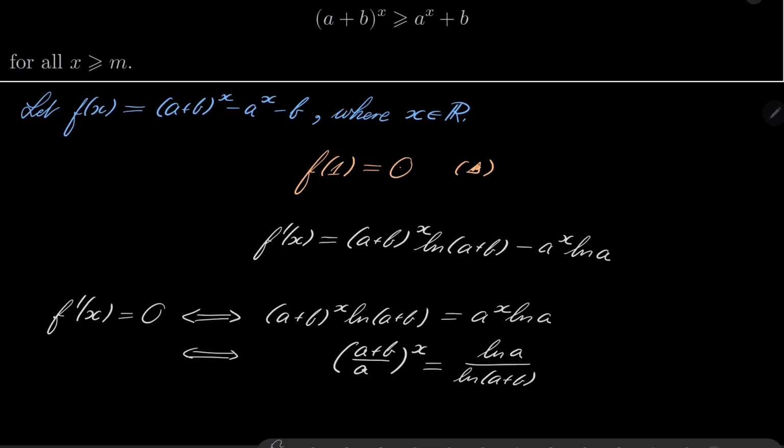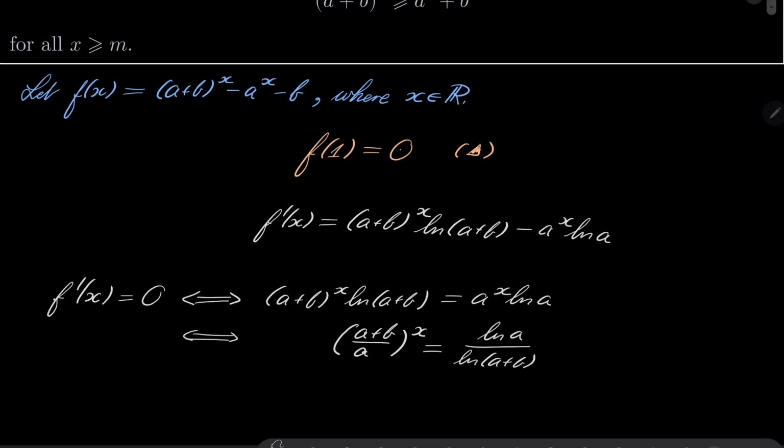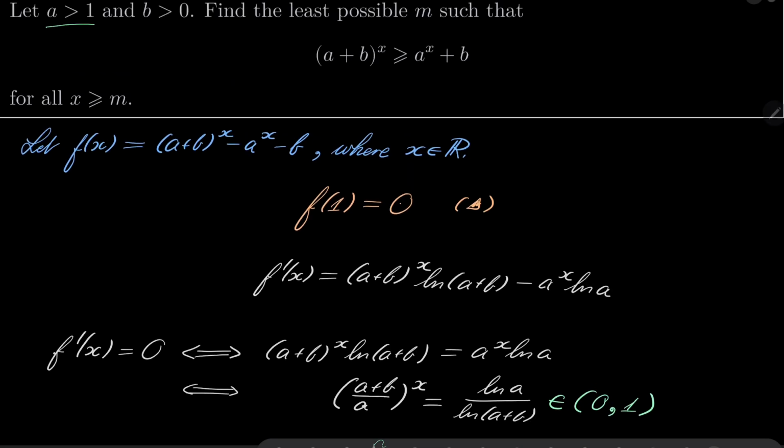Is it right? Yes, it is. Now let's investigate the sign of this function. Notice that this right hand side is between 0 and 1. Why is that? Of course it's positive, because we assume that a is strictly greater than 1.